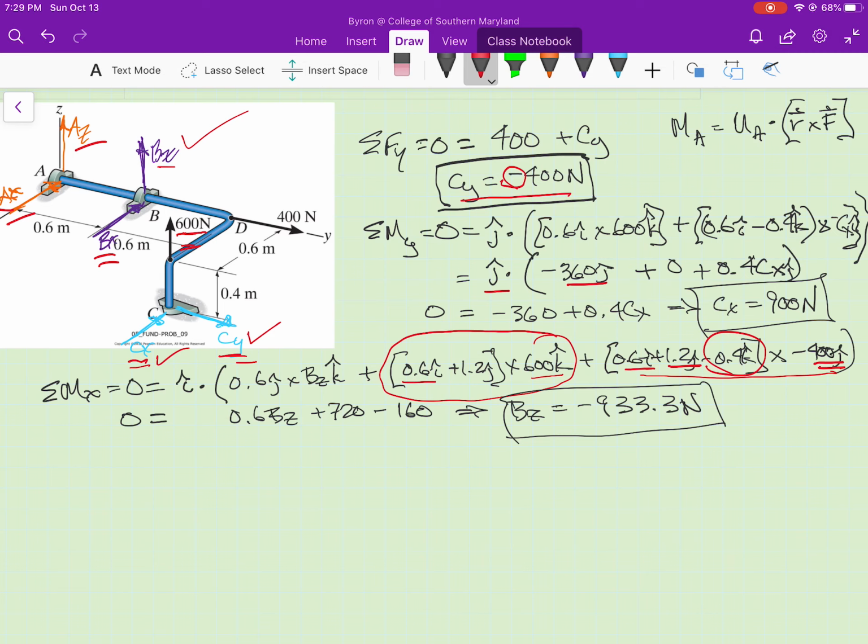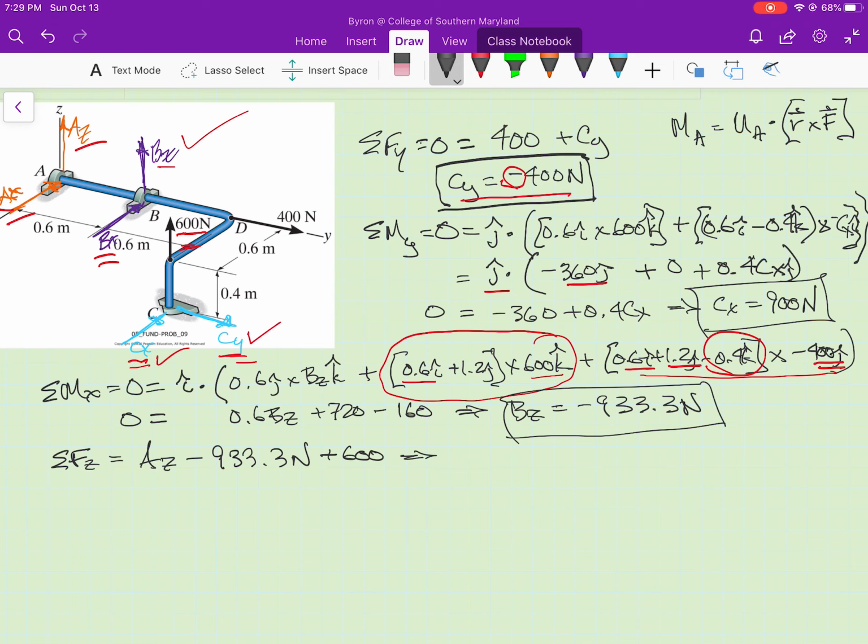So let's go ahead and solve for that one by summing forces in the z direction, which would be A sub z minus the 933.3 for B sub z plus the 600 newtons for the given force out at the end of the rod.